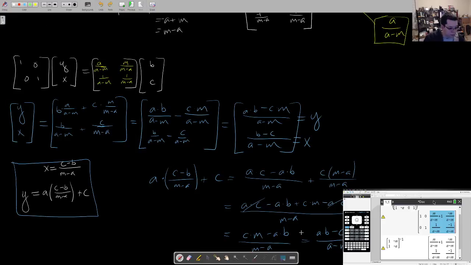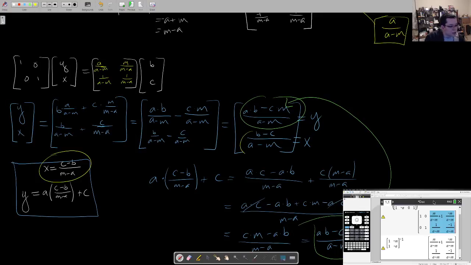Yeah. And this and this are the same. And this and that are the same. So these two methods are equivalent.